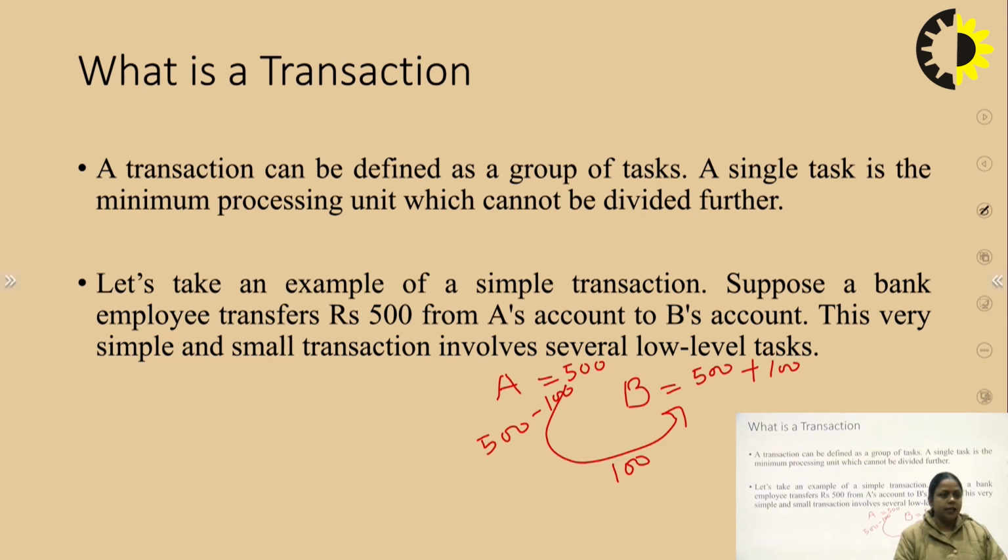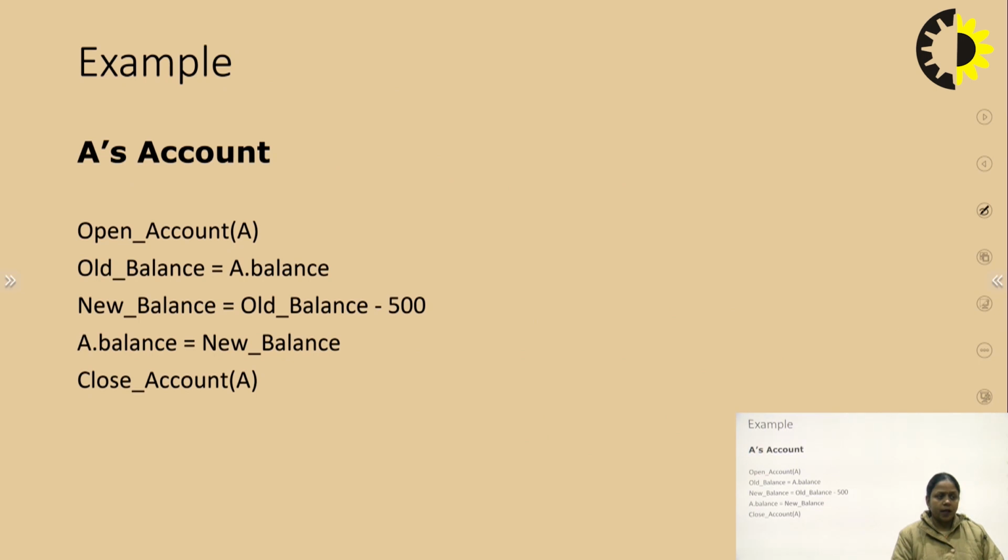So we can see this example. If there is an account A, we open account A, then old balance will be A dot balance. When the transaction is performed, for example, 500 rupees is deducted, so we remove 500 rupees from the old balance and we get the new balance.